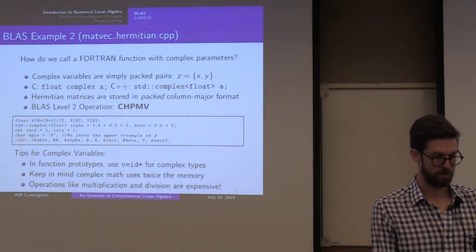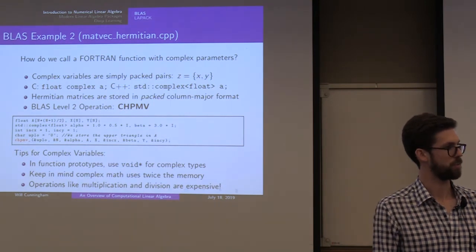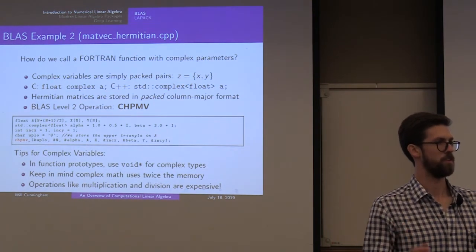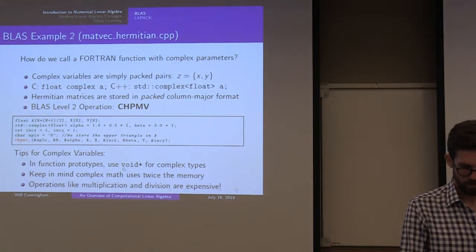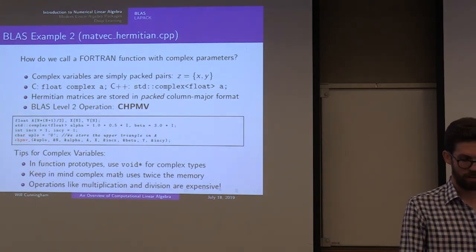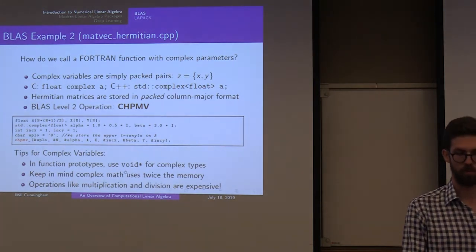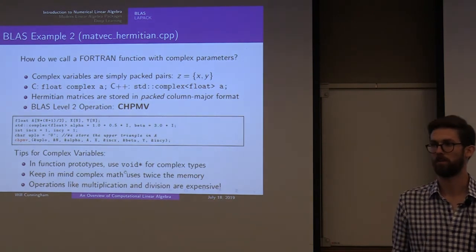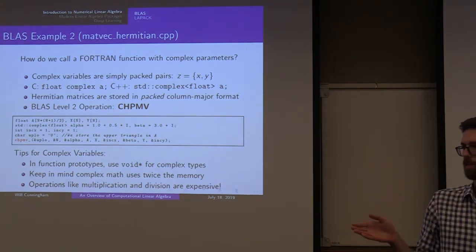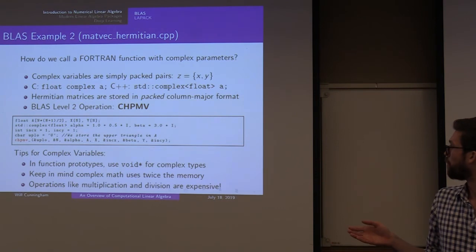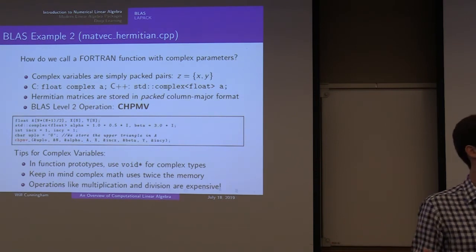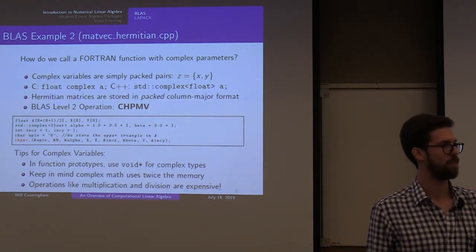For the function prototypes, you're going to use void star. So that just means that you're passing it some generic memory segment. You want to keep in mind that complex math uses twice the amount of memory because you have a real part and a complex part for everything. Furthermore, complex math is more expensive than regular math.